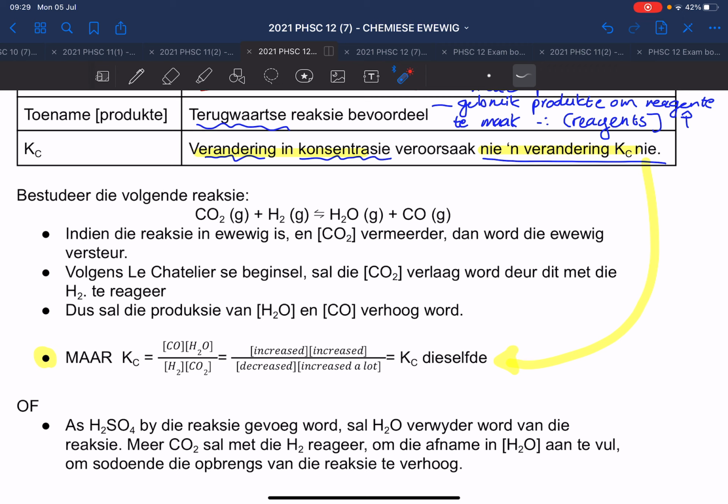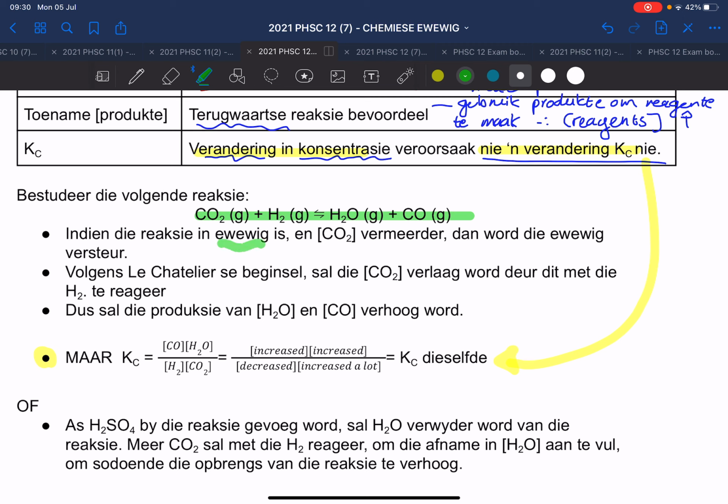Okay, terug na die boele daarbo. If we look at this equation, as ons na hierdie vergelyking kyk, dan kan ons sien dis 'n omkeerbare reaksie, is a reversible reaction. Check number 1. You can see they're all in the gas phase. Hulle is almal in die gasfase. So hulle almal kom in ons Kc uitdruk, hè? Okay. Nou sê hulle vir jou.